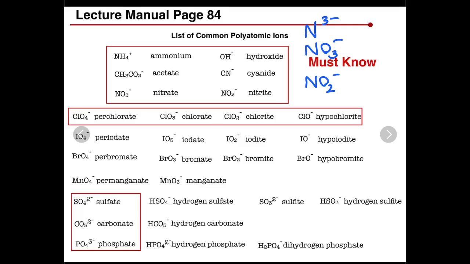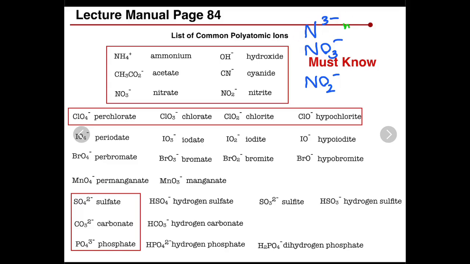Again, if the ion contains more than 1 element, those are the polyatomic ions, and most of their names will end with either ate or ite. Therefore, these 2 names are going to end with either ate or ite. So this one has more oxygen, so this would be nitrate. This would be nitrite. The one that doesn't contain any oxygen is going to end with ide. So this would be nitride.